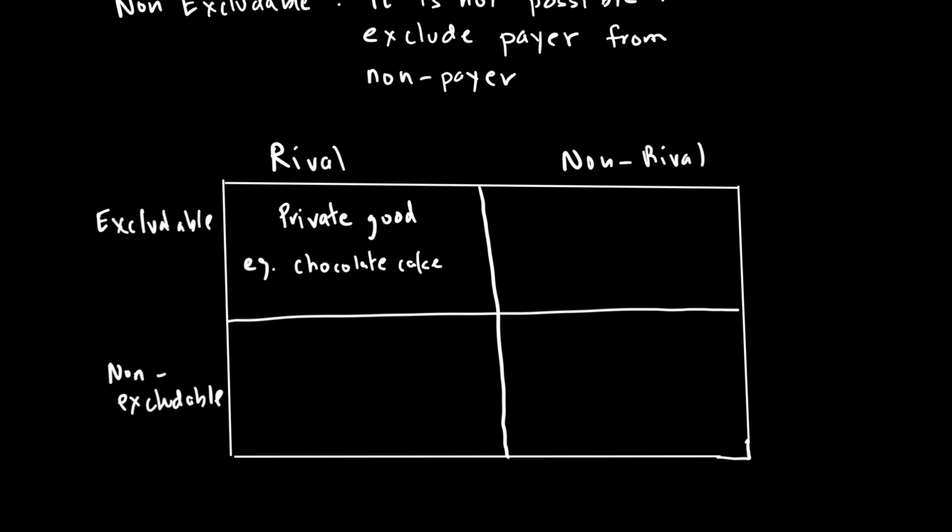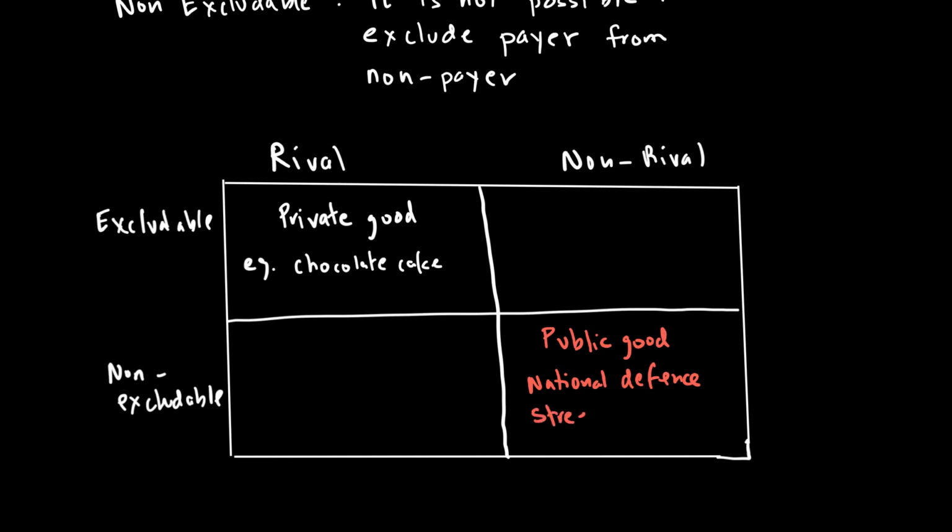But if a good is non-rival and non-excludable, we call it a pure public good. A pure public good could be, for example, national defense, as we mentioned earlier, or the street light.